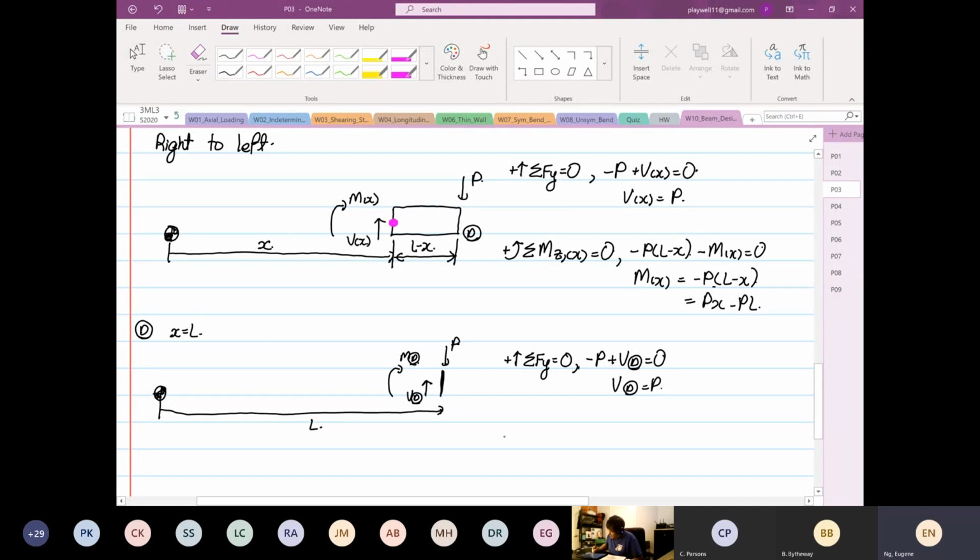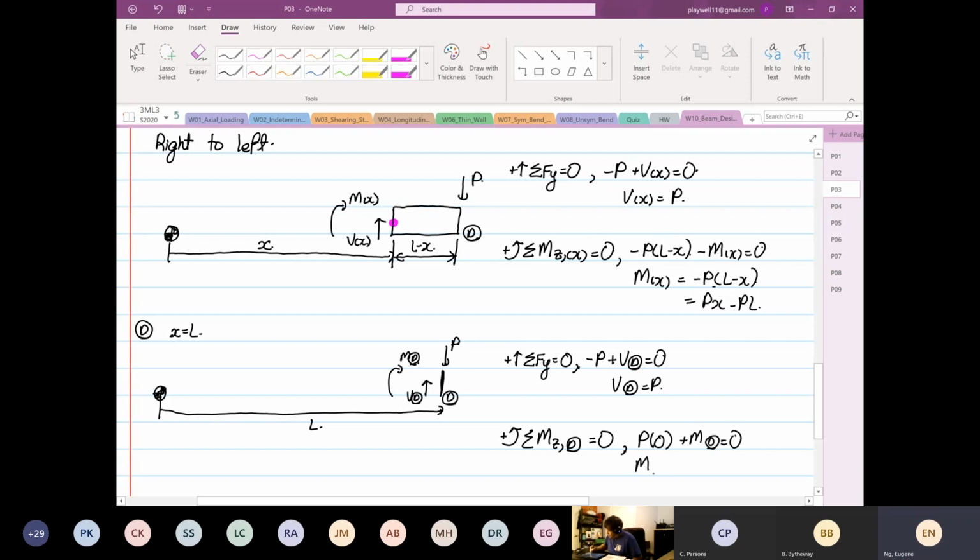Okay, and then you sum your moment in the Z direction at point D. Okay, so this is where our point D is. So it's equal to 0. So you have P multiplied by the distance, which will be 0, and then plus M at point D is equal to 0.